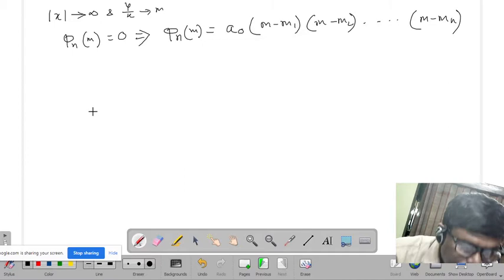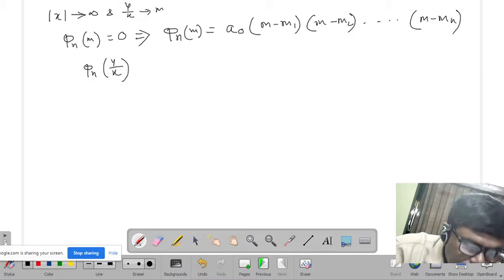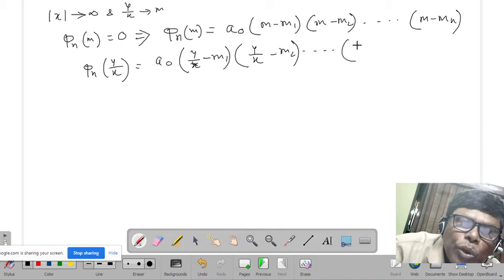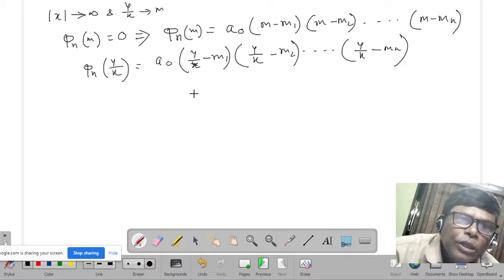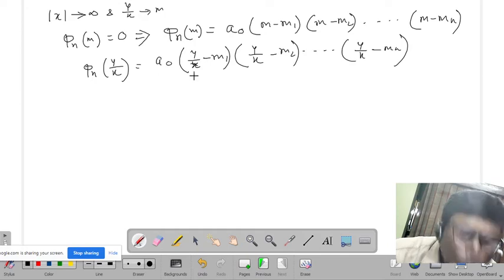Okay, so phi n y by x is equal to a0 into y by x minus m1, y by x minus m2, dot dot dot, y by x minus mn. Okay, so these are the values of m1, m2, m3 we will be getting.